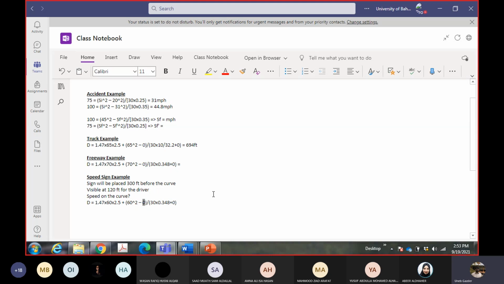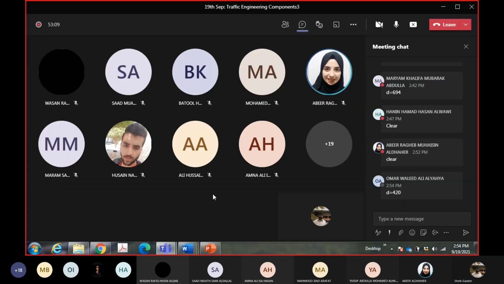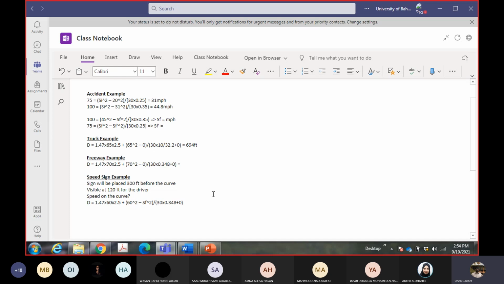This is the speed they want, so this is what we are trying to find out. What about D? How much is D? 420 feet, right? 300 plus 120. So in this manner, the example can be reversed.